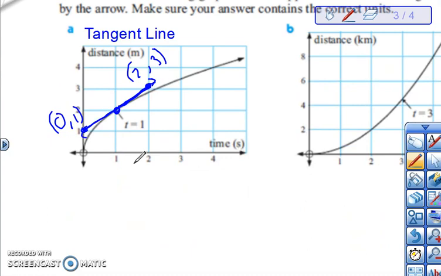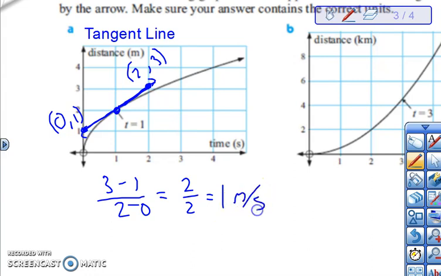It looks like on our y-axis, our distance traveled, we went from 1 to 3, and it took us about 2 seconds to do so. So we are traveling at approximately 1 meter per second.